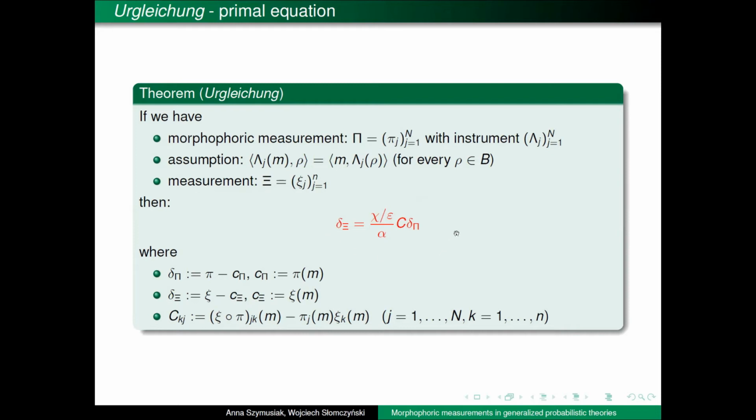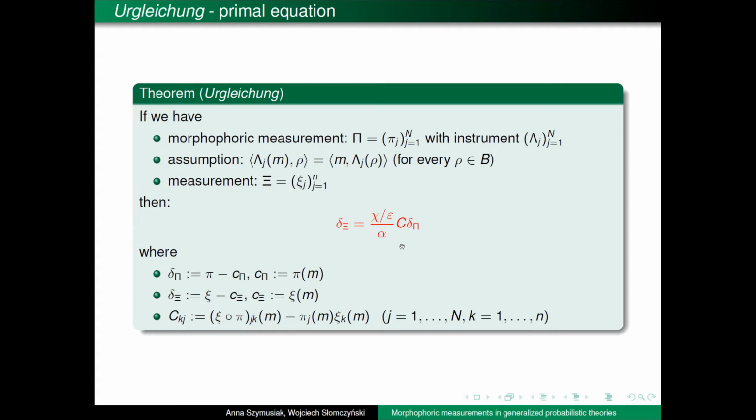Of course, it is not very similar to the Bayes equation in this form, but what is surprising, for SIC-POVMs and for Qbism, those two equations are just equivalent, and in many other cases one can write this equation in this Bayes-like form, not in every case, but in some cases, for some instruments and for some morphophoric measurements.